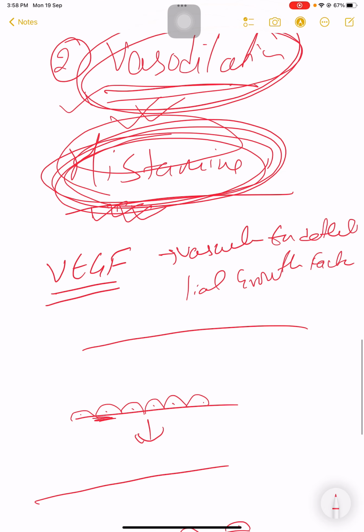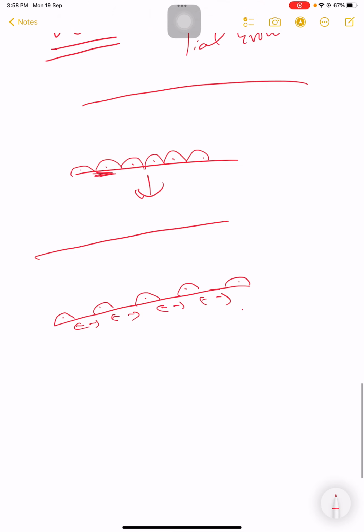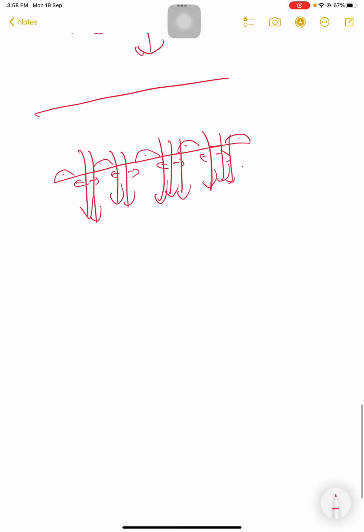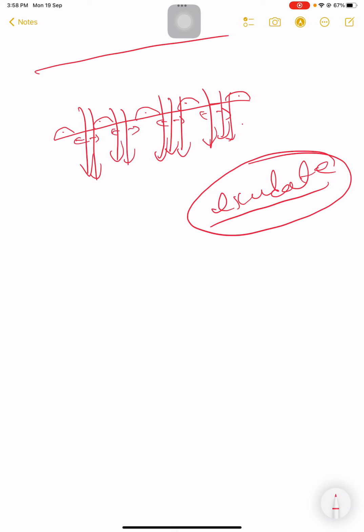See, now what happened? First was vasodilation. Second was shrinkage of the endothelial cells to create spaces between the endothelial cells. And this is actually important for releasing of the exudate. Now these exudate are actually protein-rich fluid.